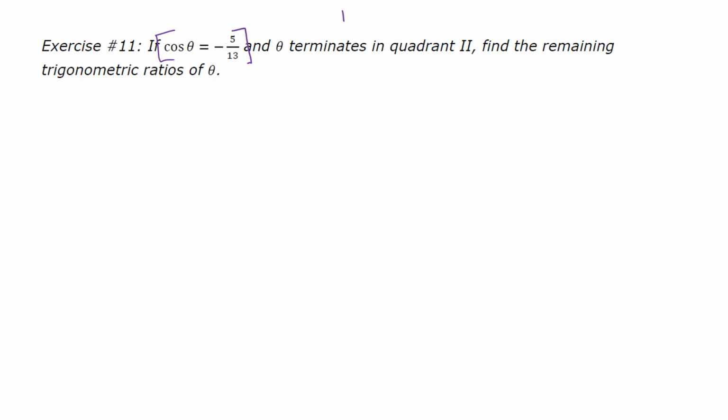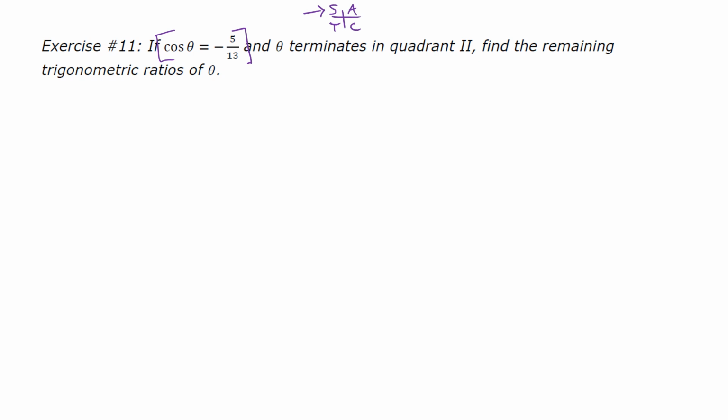Theta terminates in quadrant 2. So that means the values are going to be positive for sine and cosecant, but negative for all other trig functions. And then we know we need to find all 6 trigonometric ratios.